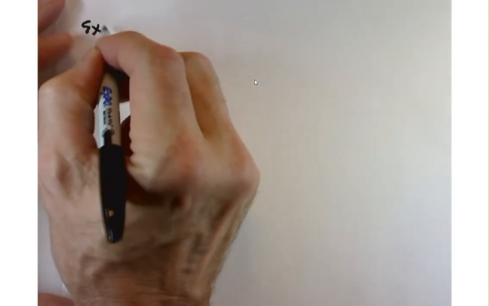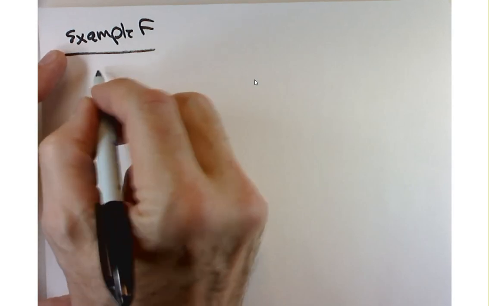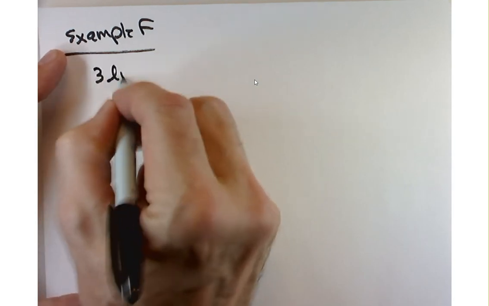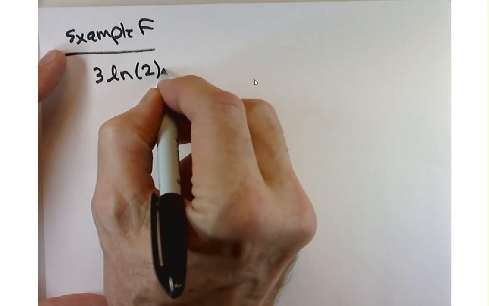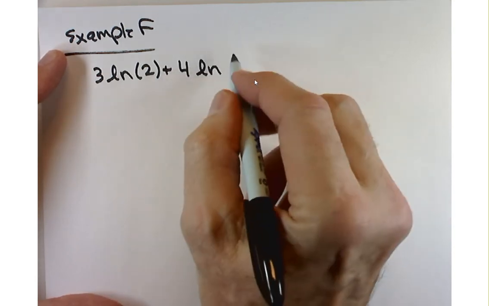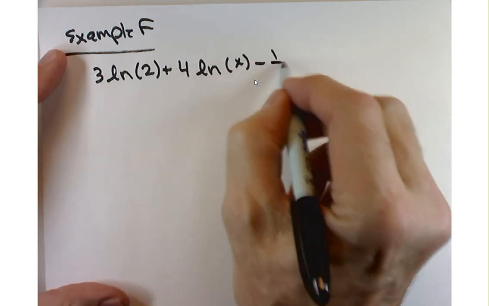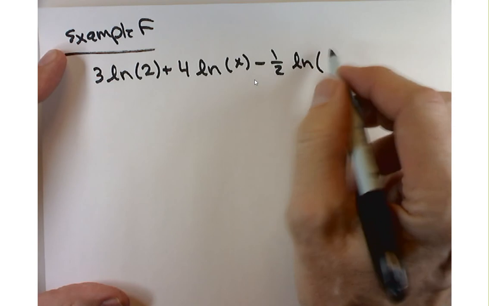And now we're going to go back to combining into one term. So example F, if you're following along from the handouts that I didn't print out for you today: 3 ln of 2 plus 4 ln of x minus 1/2 ln of x plus 3.